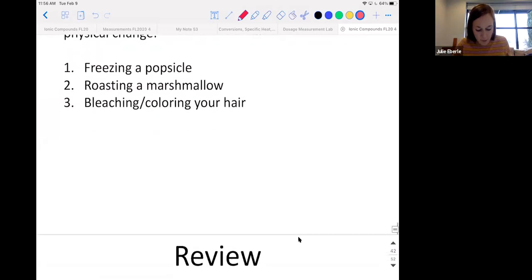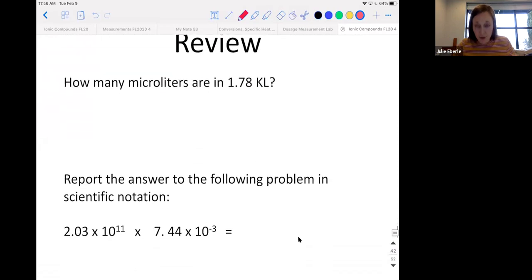All right, next one. These, you need your calculator. Grab your calculator. How many microliters are in 1.78 kiloliters? So these are prefixes and you need to convert from kiloliters to microliters.